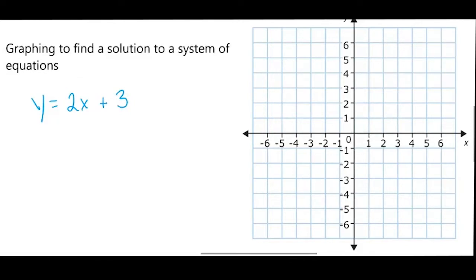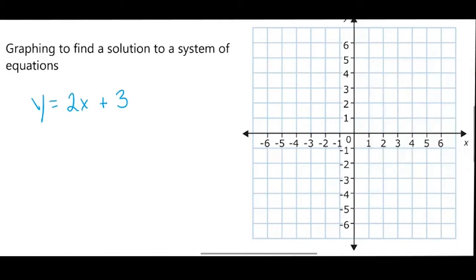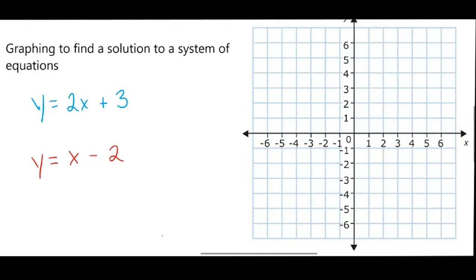And then I'm actually going to switch colors here. My other equation is going to be y equals x minus 2. All right, so I'm going to graph these two lines so I can see where they cross.